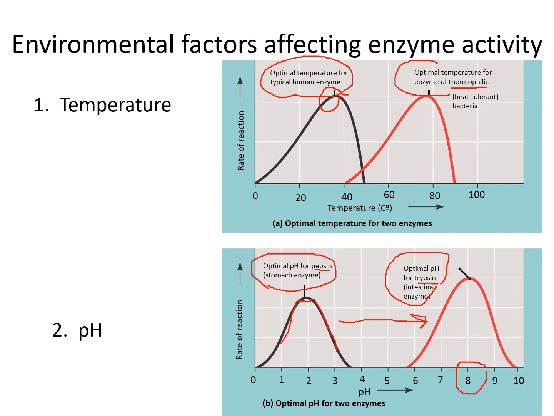So like I said before, it is important to maintain the ideal pH conditions at different parts of your body, not neutral everywhere, right? Like you need your stomach to be 2 so the pepsin can work, but then you need your duodenum to be 8 so that trypsin can work and pepsin can stop working.